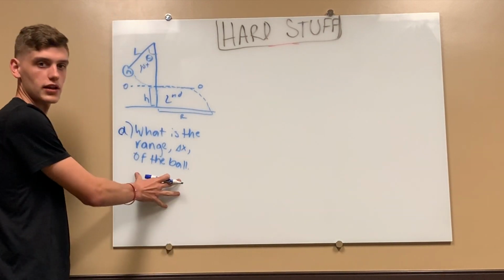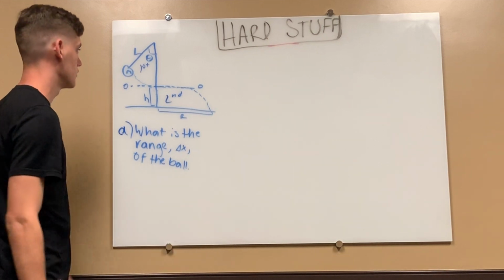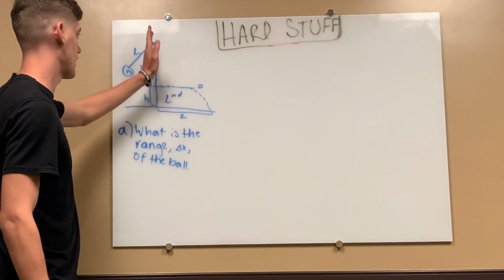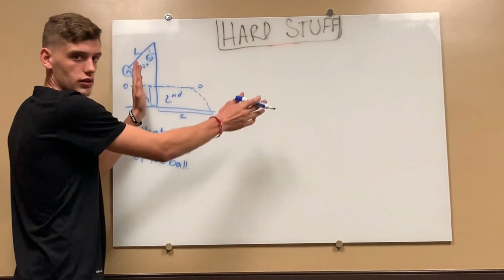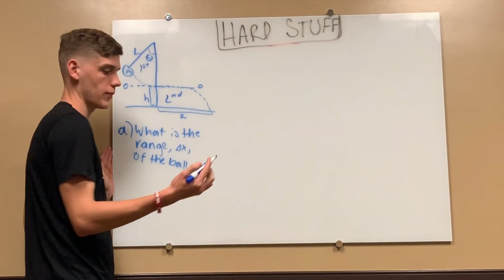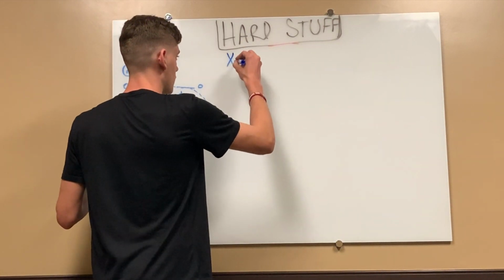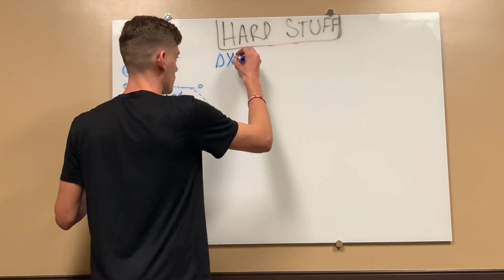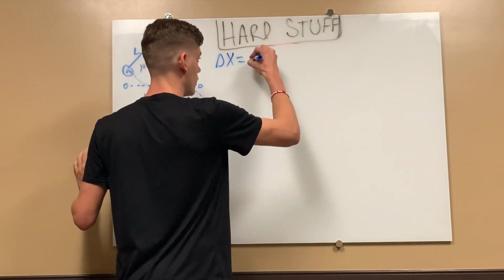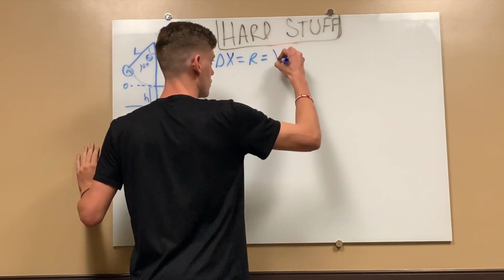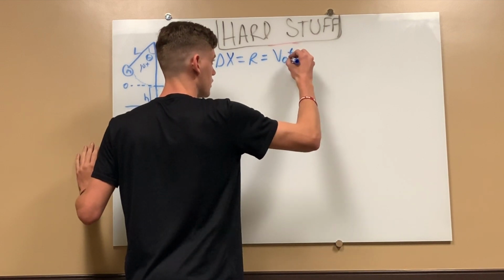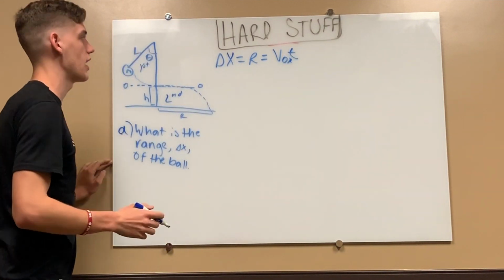So the first step to finding the range of this ball is to find the velocity that this ball has initially, because we know from kinematics that our delta x, or range, r, is equal to initial velocity in the x direction times time.